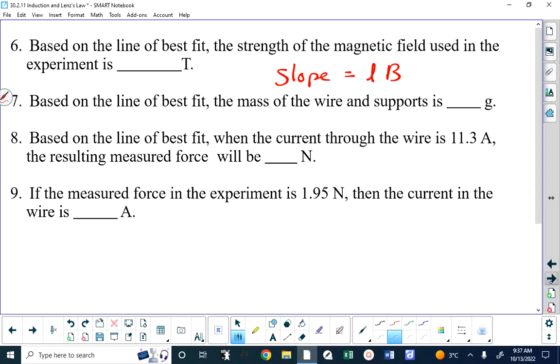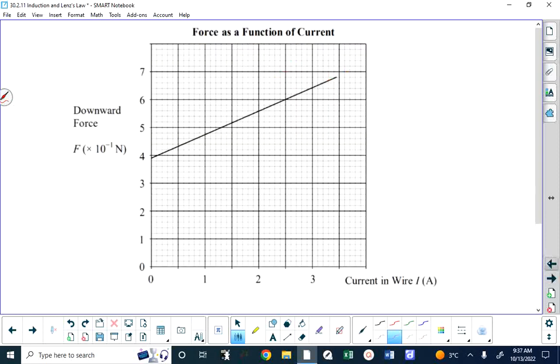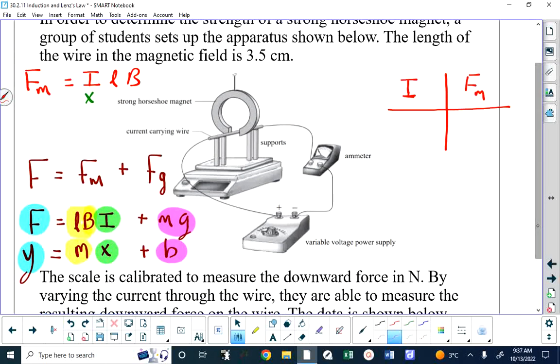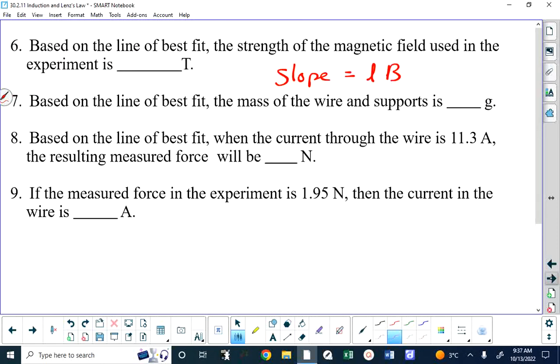Well, based on this comparison with all the highlights, we've determined that the mass is related to the y-intercept. Specifically, the y-intercept is equal to m times g. So if we knew the y-intercept, we could just divide that by g to get the mass.